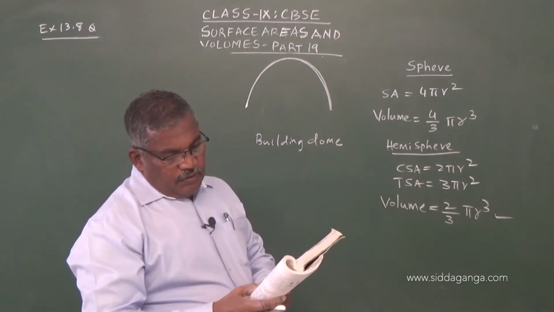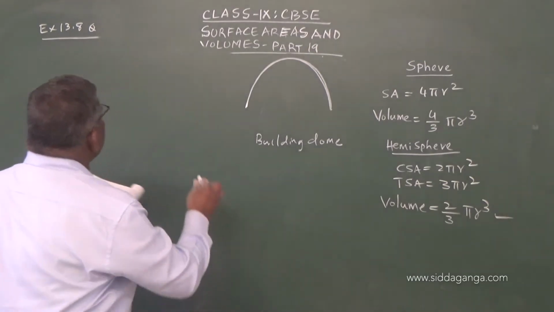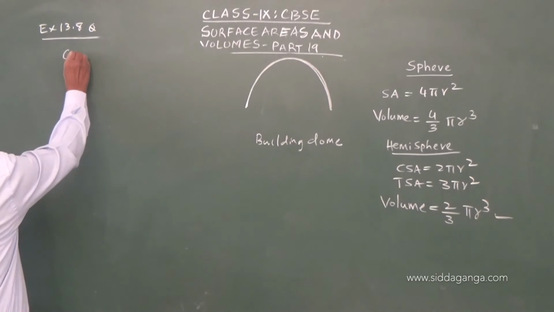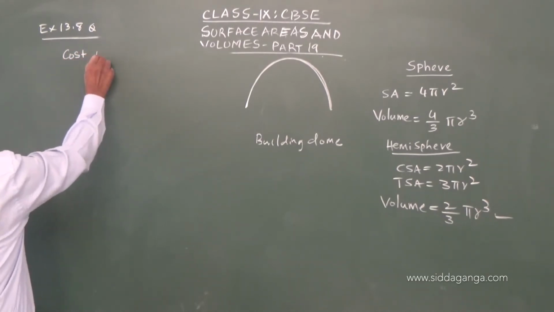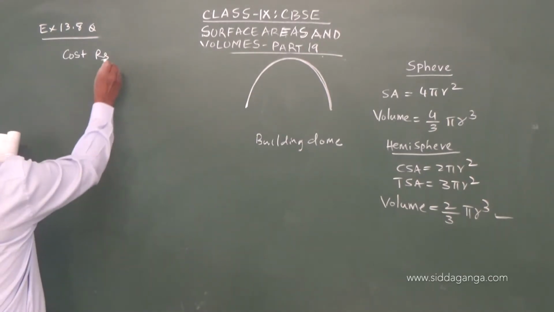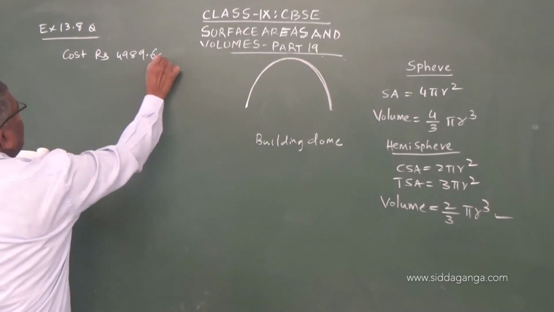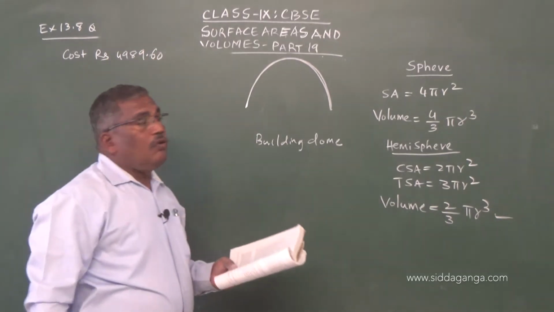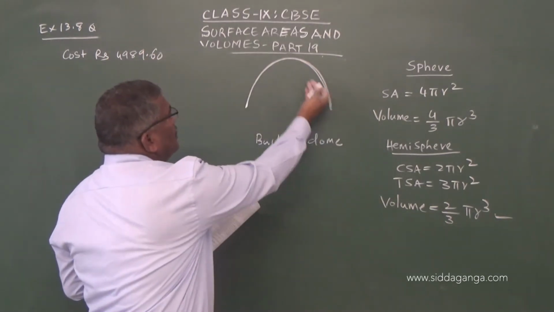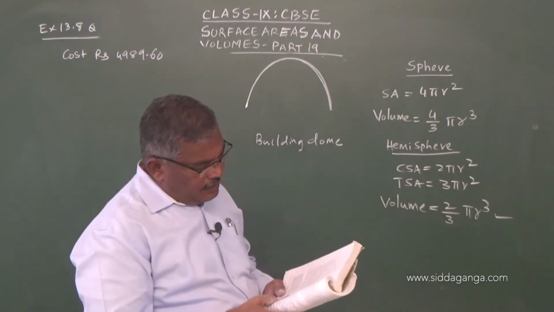From inside it was whitewashed at the cost of rupees 4989.60. So inside the dome it is whitewashed and the cost was 4989.60.